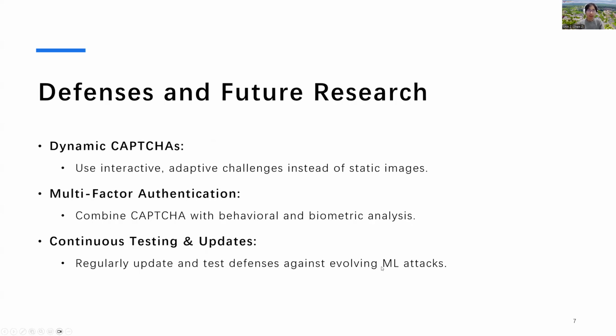And for some defense methods, first, as I mentioned, dynamic captchas. We need to provide more dynamic challenges instead of static ones, because static ones can always be defeated eventually, because the technology keeps advancing. And second, we can combine different analyses to further detect if this is a human or robot.